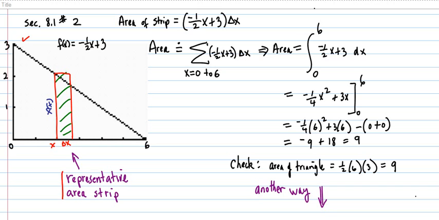So for the representative area strip, you're trying to find the area from x equals 0 all the way to x equals 6. Somewhere in between, at some arbitrary location, you pick an x value, say here, and you draw a rectangle. I'm doing a left sum picture.